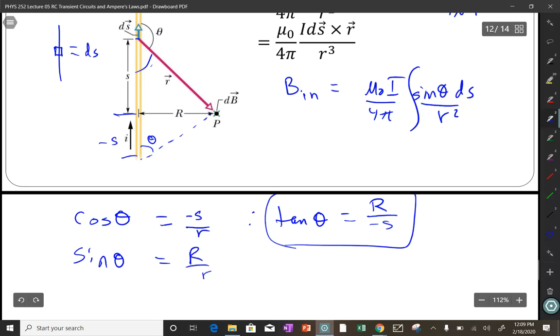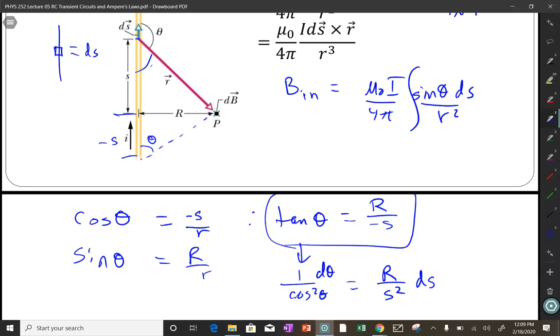This one here only has two, but it doesn't have s. So I'm just going to boldly go, take the derivative of this one again. And there I have a relationship between s and d theta and theta.